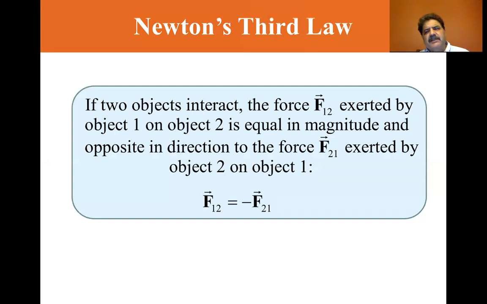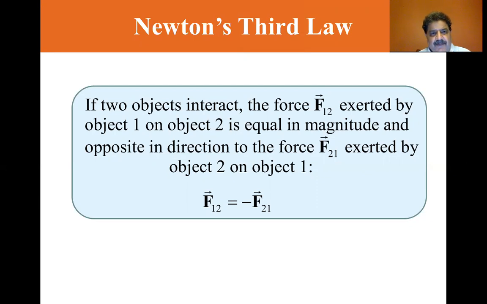You've commonly heard this: for every action, there is an equal and opposite reaction. That's the common rephrasing of the term. What it's saying is, if two objects interact, one is exerting a force and the other is exerting an equal and opposite force. That's the easiest way to say it.